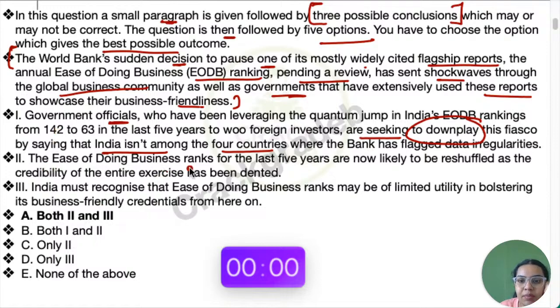The ease of doing business ranks for the last 5 years are now likely to be reshuffled. See, because the credibility has been dented, they have paused this. It's like a shock wave that things are not as per the reports. So this can be one outcome, that reshuffling is possible. This was the keyword over here. Okay.